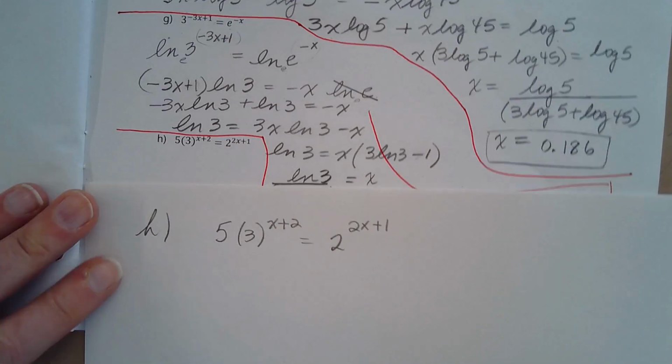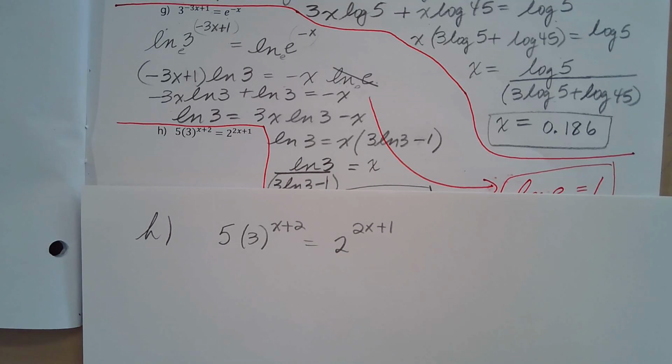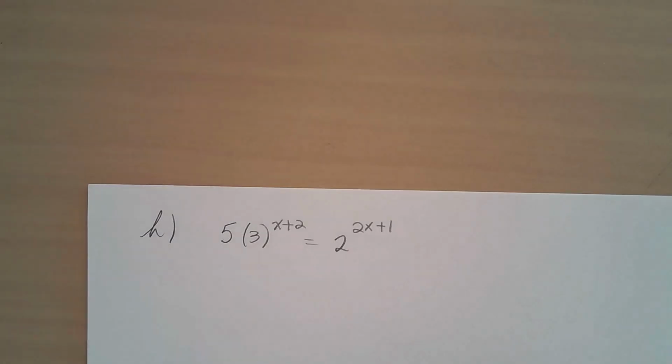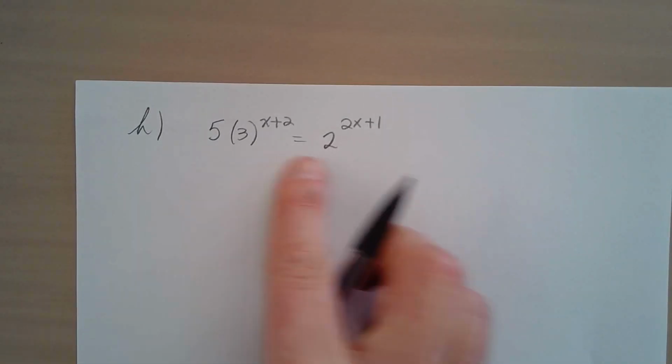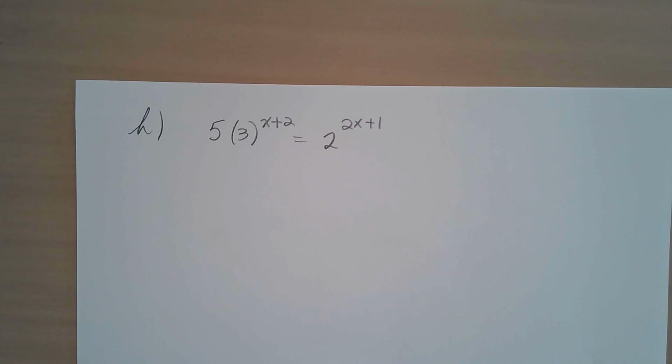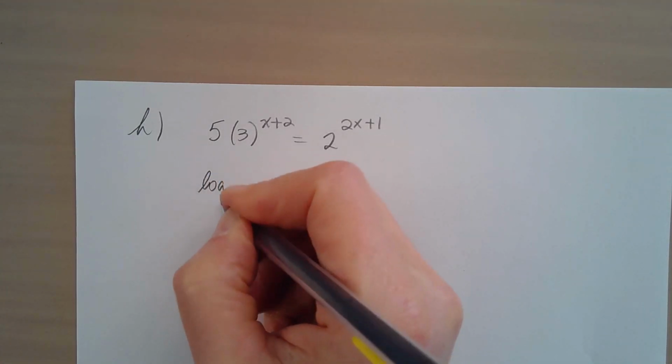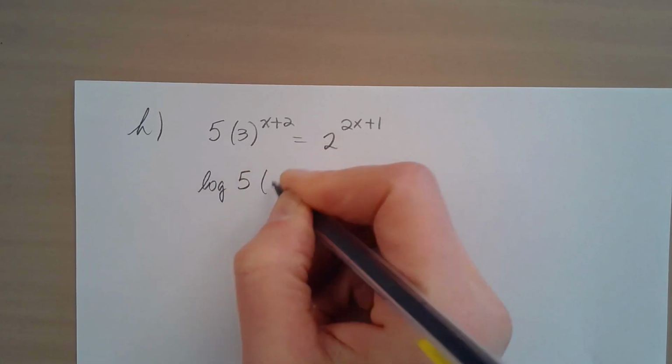All right, I've got no way I can do same base. Can we do anything to simplify these first, John, like we did last time? I don't think so, right? And I have x's on both sides in the exponent, so this is definitely going to be tough. I don't see any base e's. If I saw base e, I would ln both sides. I don't see any e's, so I'm going to log.